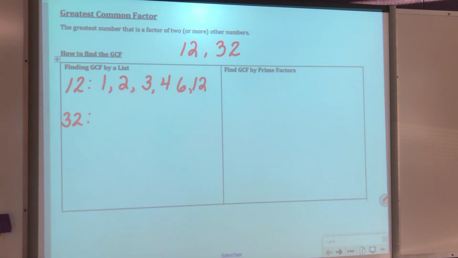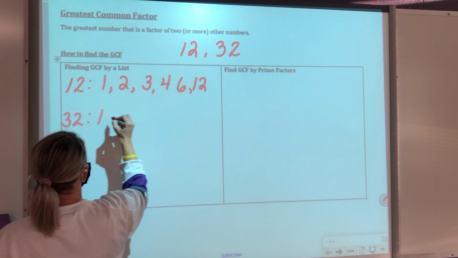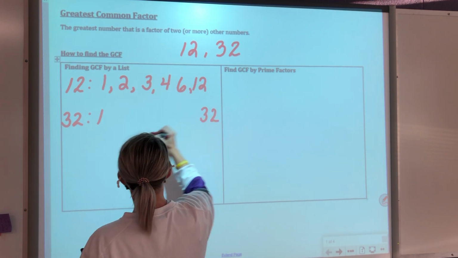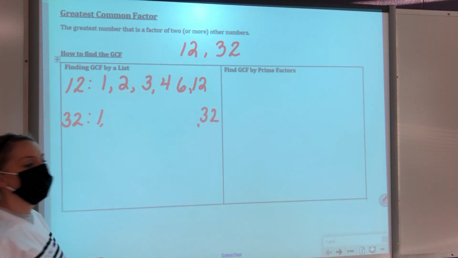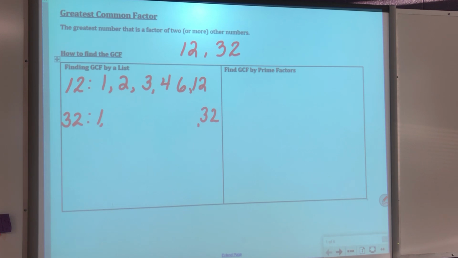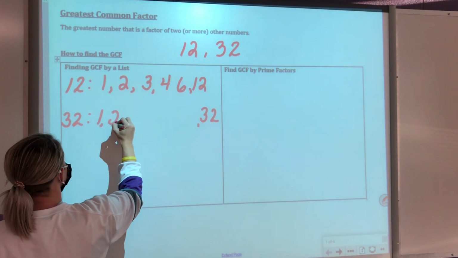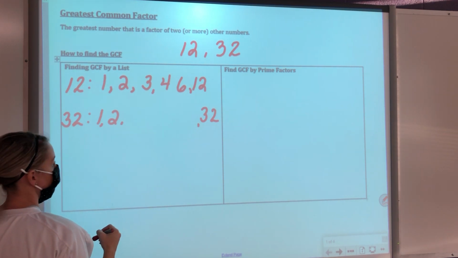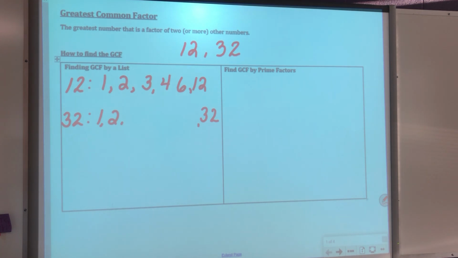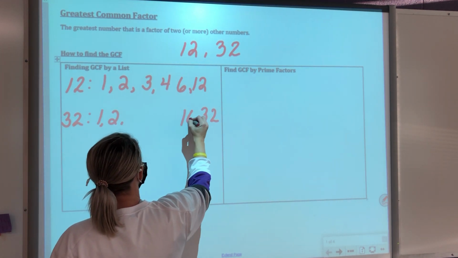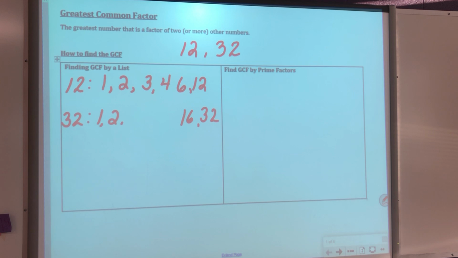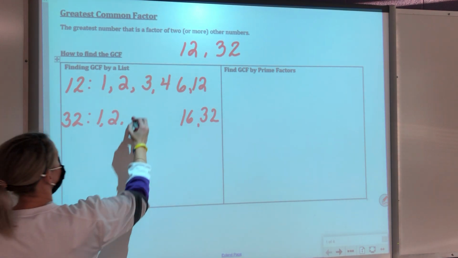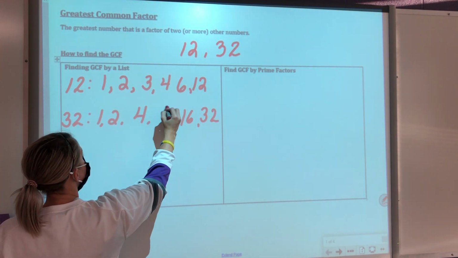Okay, let's look at 32. Where do we start? 1 and 32. 2 and 16. 3? No. 4? Yes. 4 and 8.